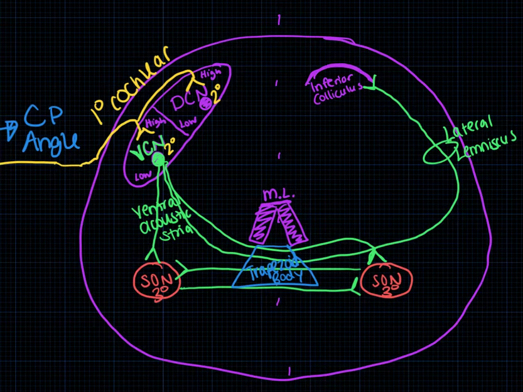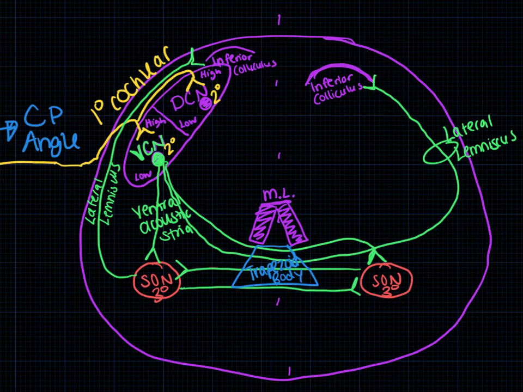Lastly, I just want to point out that the superior olivary nucleus is going to receive that binaural auditory input from the ipsilateral ventral cochlear nuclei as well as the contralateral ventral cochlear nuclei, which I did not illustrate, and it's going to project fibers through an ipsilateral lateral lemniscus. And again, the fibers in the lateral lemniscus are going to synapse at the inferior colliculus.